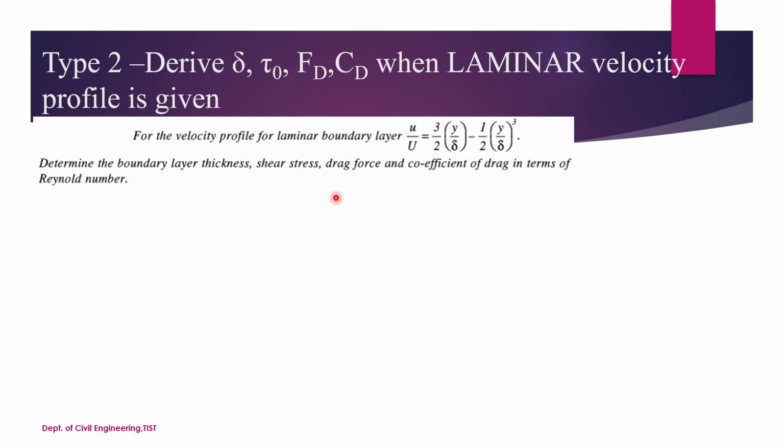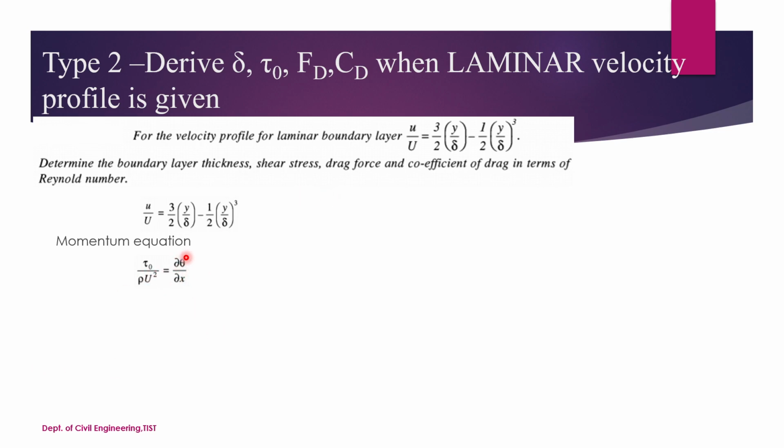How to do this problem? We'll first write down the given data. u by U is equal to 3 by 2 into y by delta minus 1 by 2 into (y by delta) cube. Now we have already studied the momentum equation, tau naught by rho U square is equal to d theta by dx. We have already studied this in the previous video.